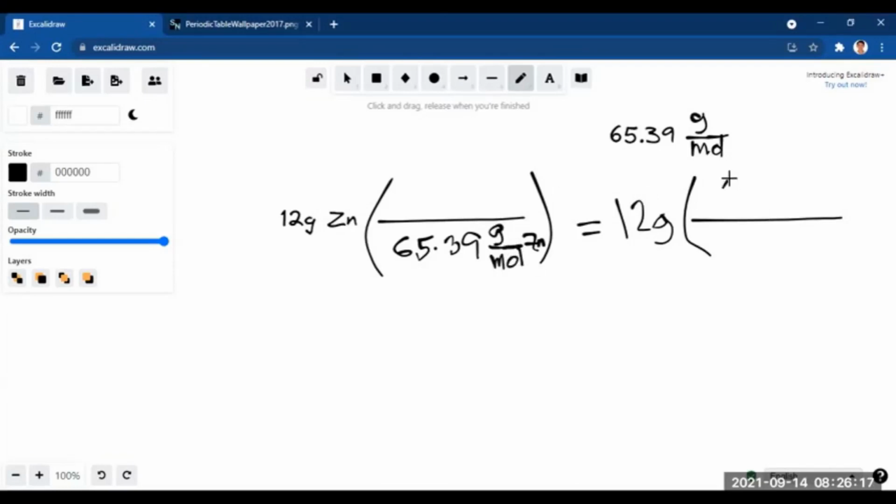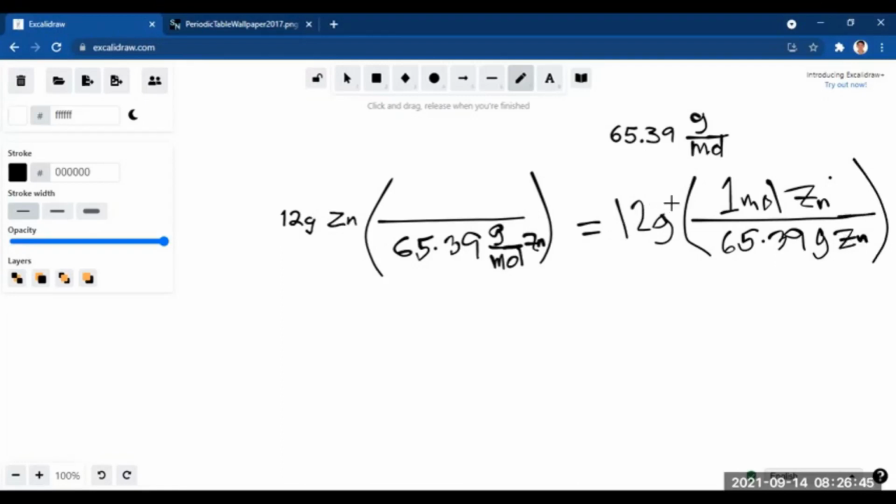So we will have 1 mole of zinc over 65.39 grams of zinc. That's why the equation from our example looks that way.